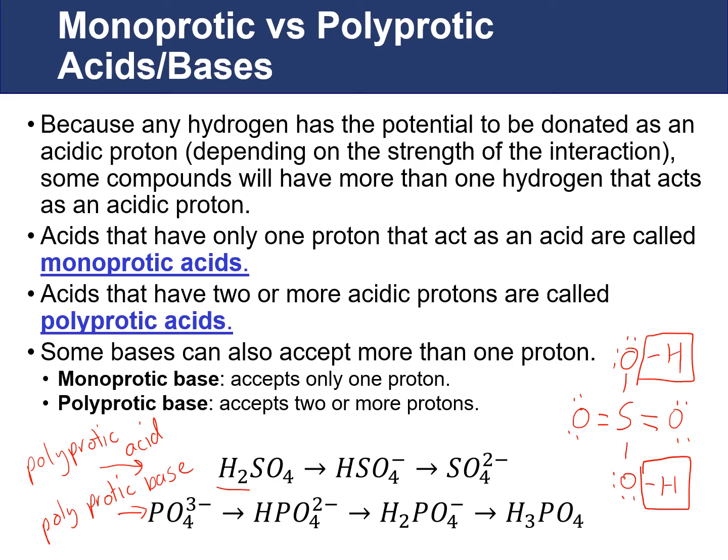So because at the end of the reaction, an acid forms the conjugate base, if we have a polyprotic acid, the conjugate base to the first acid can itself act as an acid to form a conjugate base. In the reverse direction, the ultimate conjugate base is also a polyprotic base.